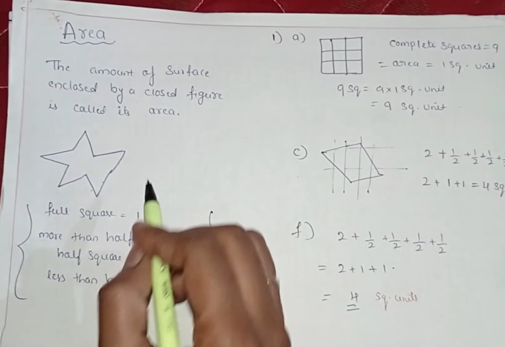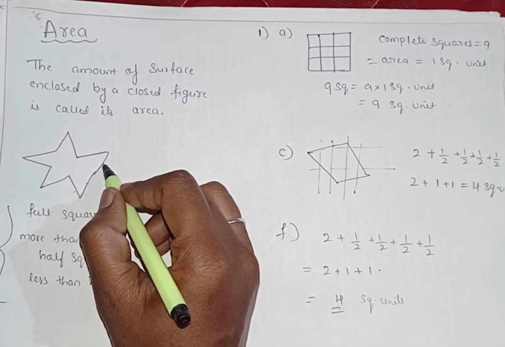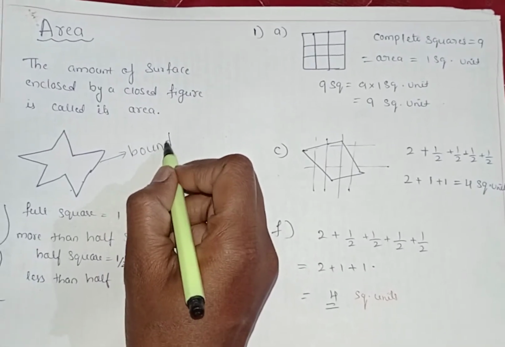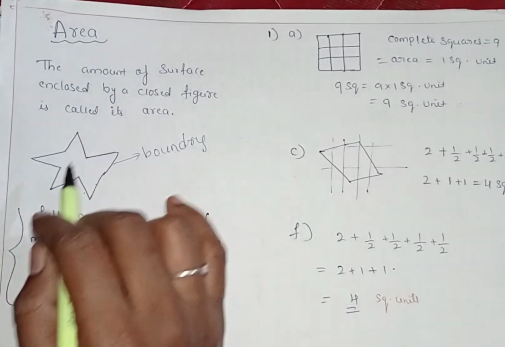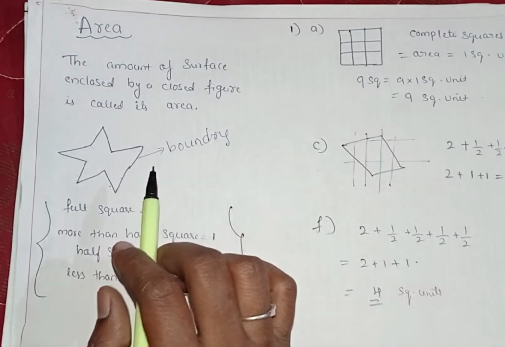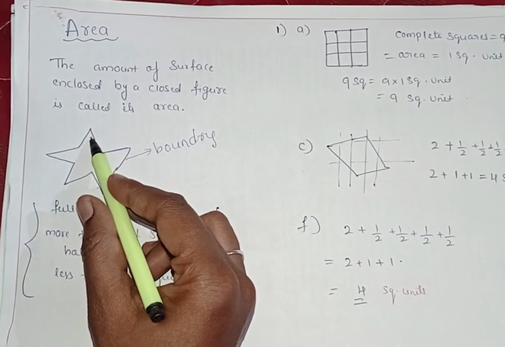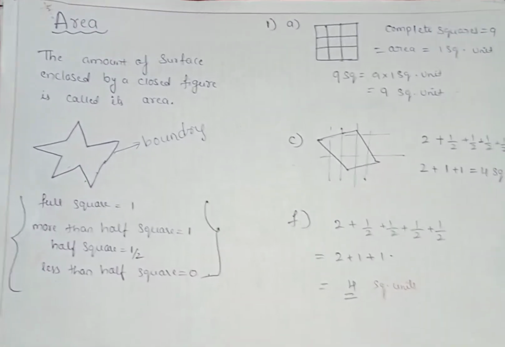Let me find out what the boundary is here. This is the boundary. To calculate perimeter we use this boundary, right, children? But here we have to calculate area. Area is nothing but whatever space is inside the figure.